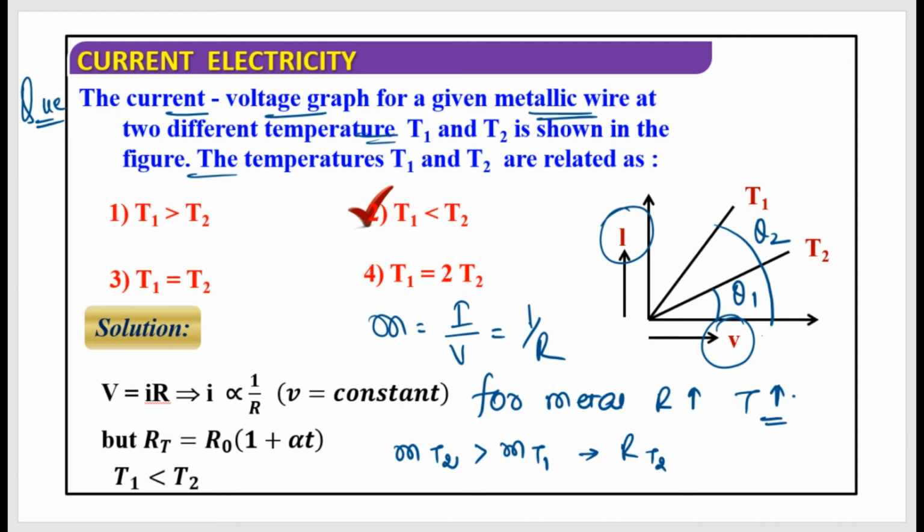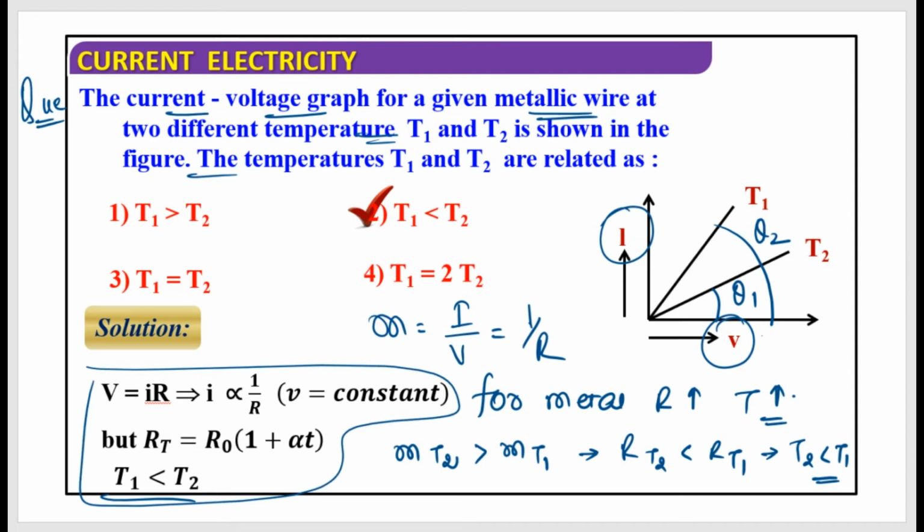R at T2 would be less than R at T1. So what you understand? T2 must be less than T1. Even you can get this with another approach as well. From V equals IR, you can have the relation of the temperature dependency of the resistance. R T equals R naught into bracket 1 plus alpha T. So from here you can easily get it done.